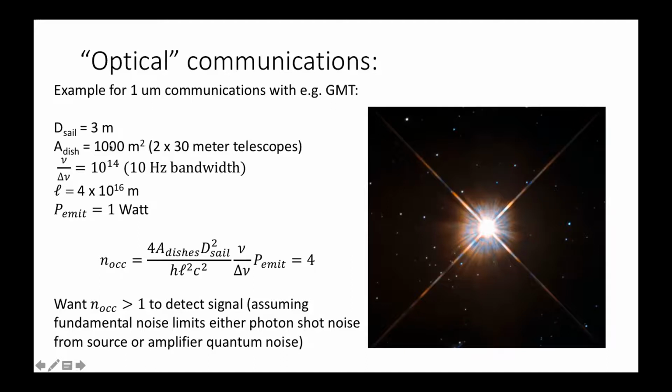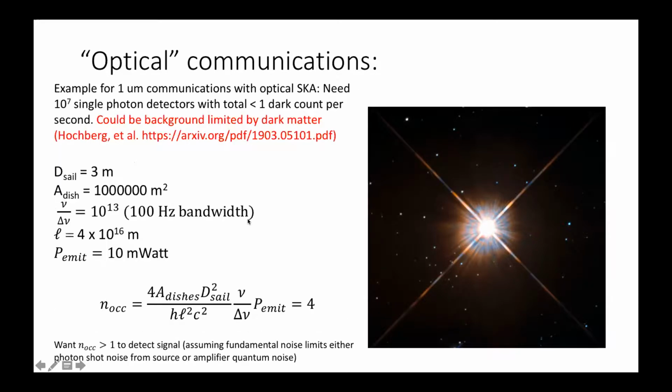This is already 2 orders of magnitude increase in collecting area over Palomar. So if you do that, and we have 10 hertz of bandwidth and increase the onboard power, if we could have 1 watt of transmit power on board, then we could get 10 hertz of bandwidth just with two 30-meter telescopes.